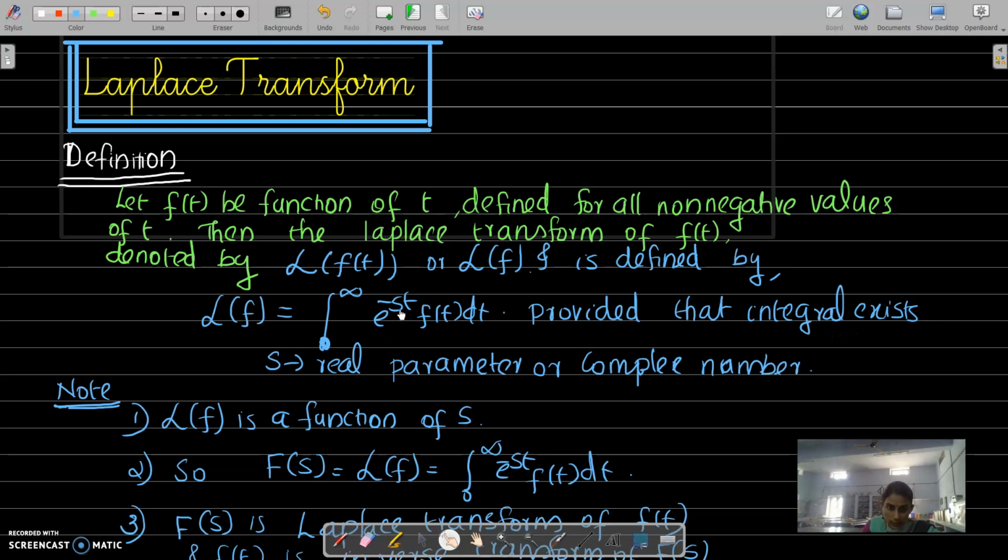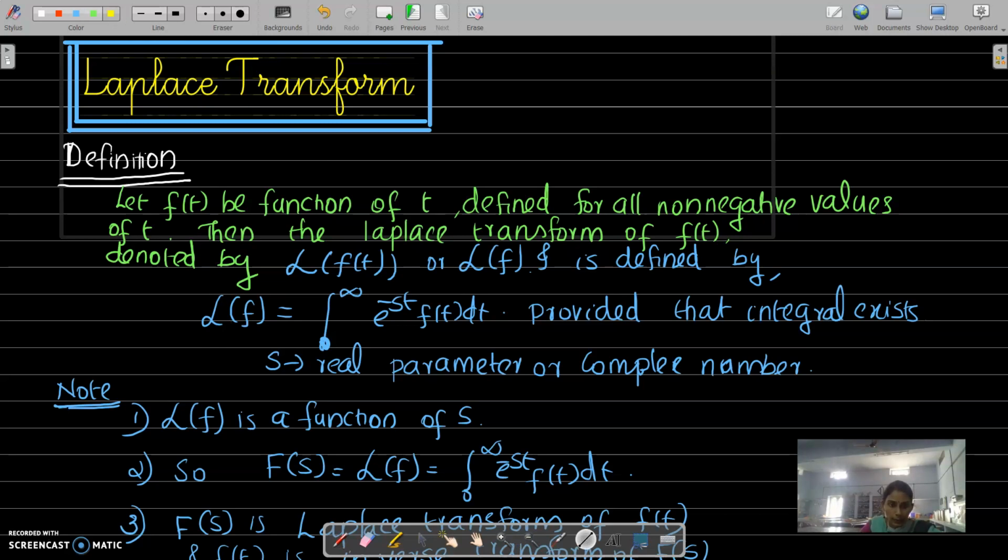What is this s here? s is a real parameter, a real number or a complex number. So this is the definition of the Laplace transform.